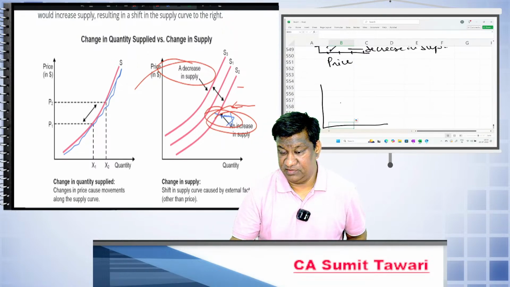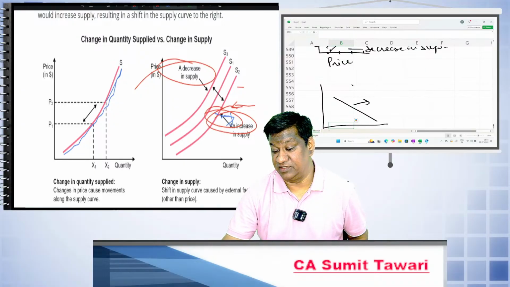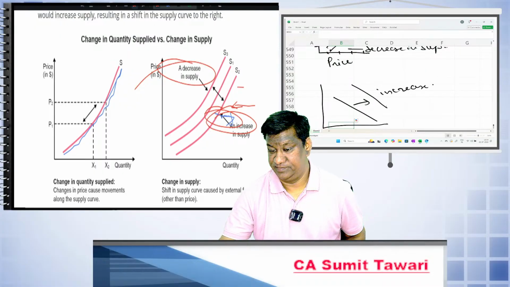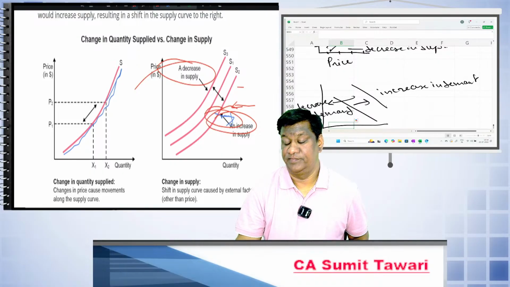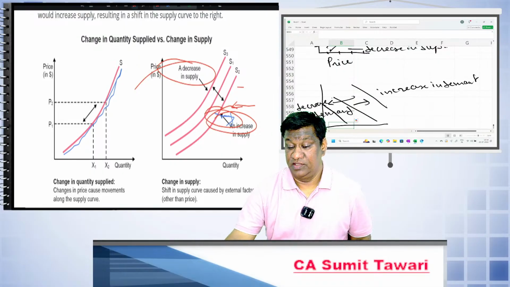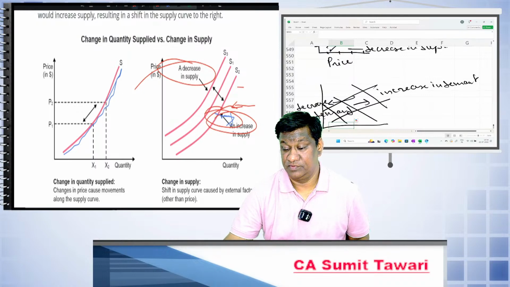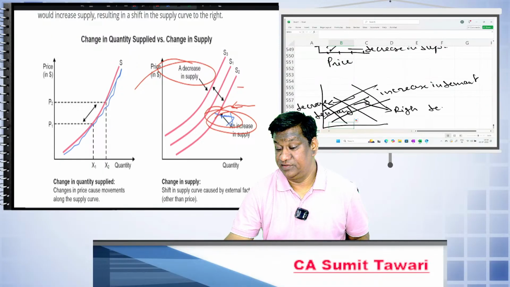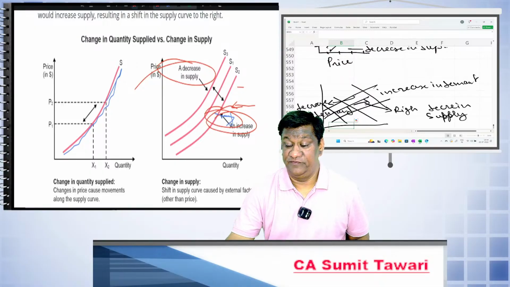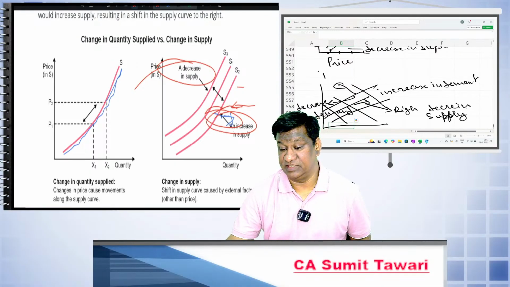When demand shifts to the right side, that means increase in demand, and when it shifts to the left side, that means decrease in demand. In case of supply, the right side is a decrease in supply, and the left side is an increase in supply.